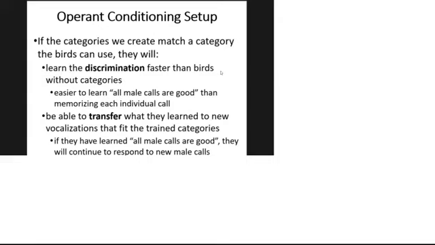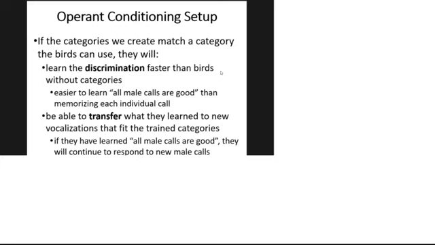But we also set up a random control group where instead of having just the female calls rewarded and the male calls unrewarded, we would mix it up so that there's a random selection of female and male calls that's rewarded and a random selection of both that are unrewarded. And what that does is it forces that group of birds to memorize because there is no logical category. So if they can't rely on a category, they have to memorize.